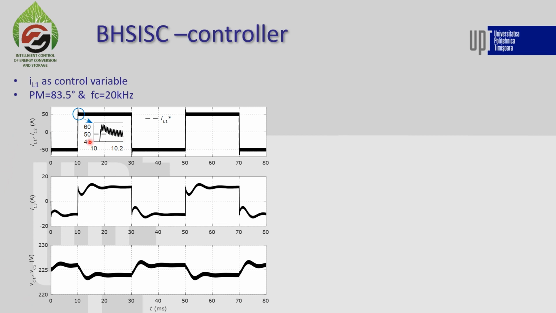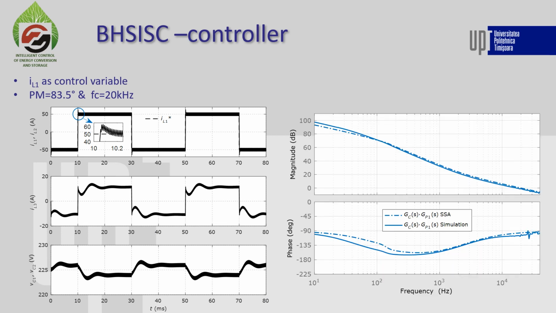Here we also see a small overshoot for the controlled inductor currents. Actually, here there are both currents shown, even if only one of them is used as a control variable. And the controller was designed similarly by directly shaping the Bode plot, the frequency response.